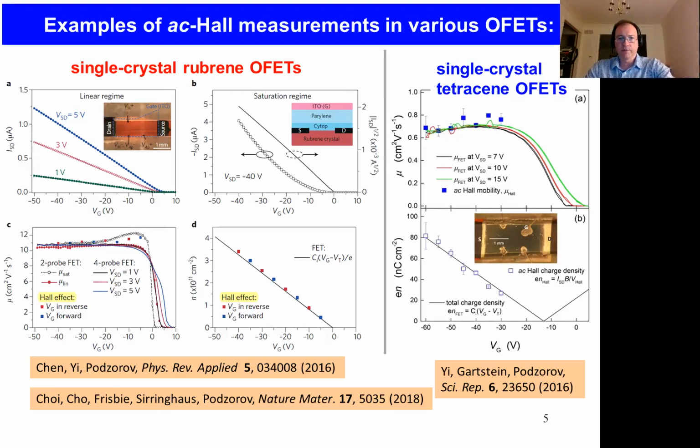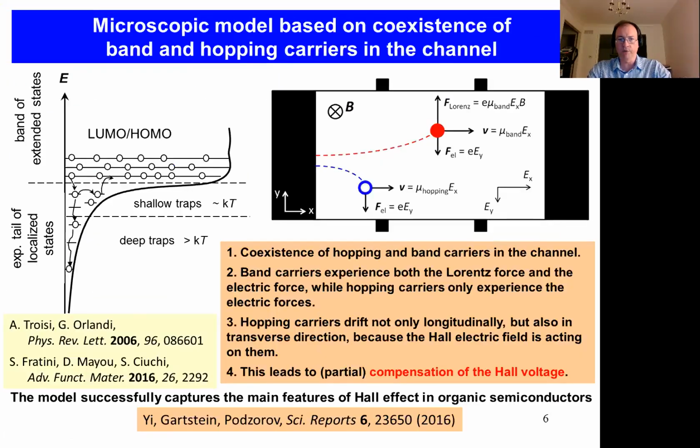So this was one of the mysteries of the Hall effect at that time, and we were actually able to resolve it with a model that is summarized here. I will not spend too much time on this model because I wanted to switch gears and talk about newer measurements, but let me just briefly mention this.